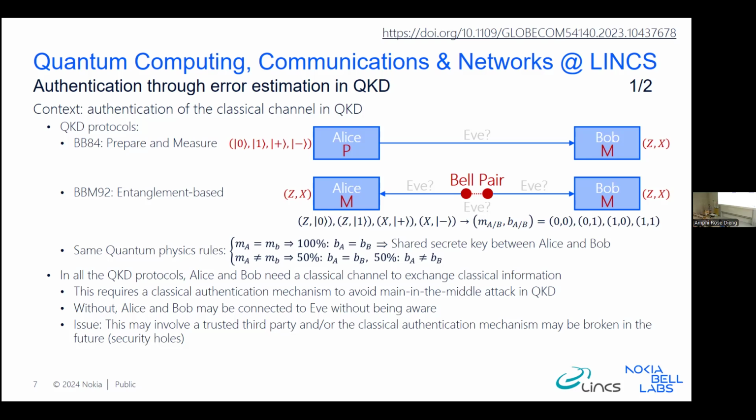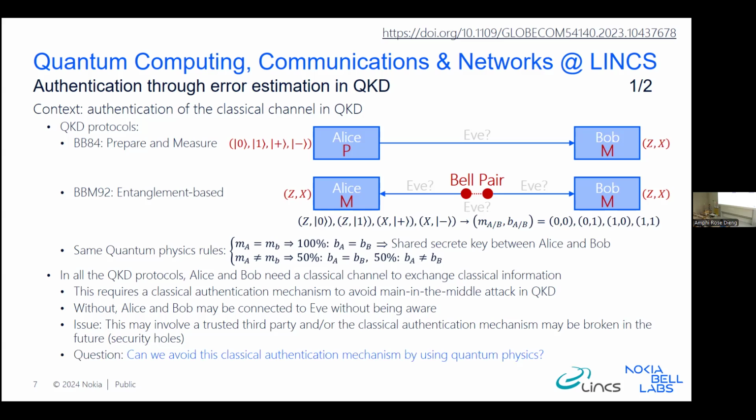So this is really required because if not, Alice may believe that she's talking to Bob, but then she will talk with Eve, and this will break the key distribution secrecy. So one of the issues is this authentication may involve a third party, or the authentication mechanisms that are used may be broken in the future with some not yet known solution. So it can be insecure in the future.